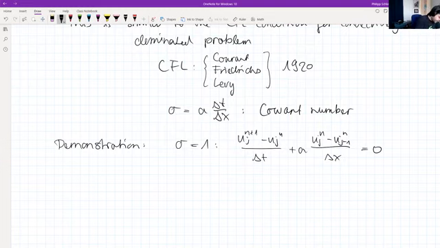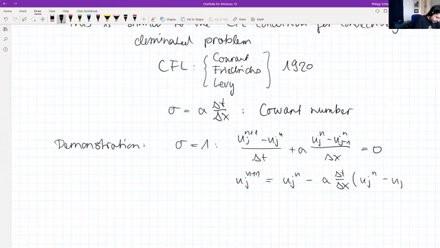Okay, and now if I write that so that I just get u_j^(n+1), what do I get? u_j^n minus, now I need to be careful that I'm doing it right, a times delta t divided by delta x times u_j^n minus u_(j-1)^n. Did this go wrong? I think that's correct, right?